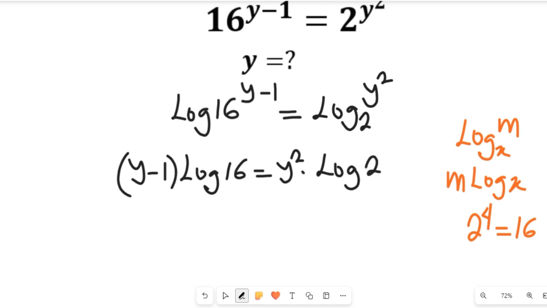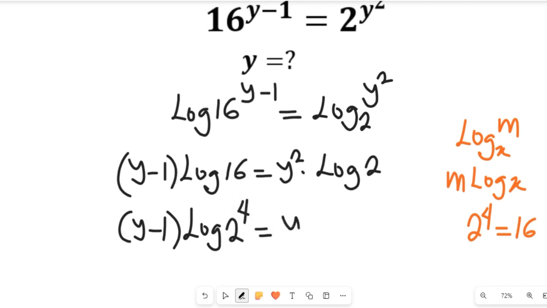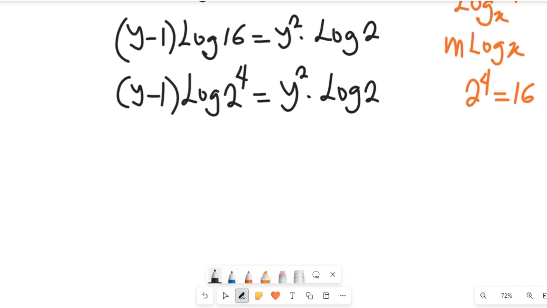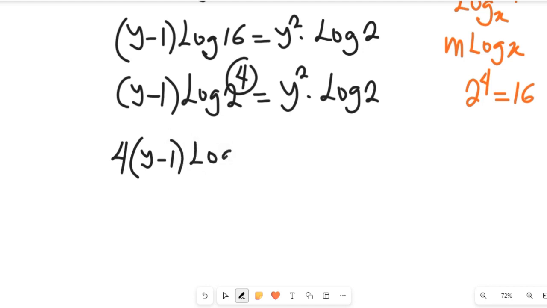Now, this is going to give us y minus 1 log of 2 to the power of 4 equal to y squared multiplied by the log of 2. So we are going to simplify this. The power can also be brought down to multiply, and so that will give us 4 multiplied by y minus 1 log of 2 equal to y squared multiplied by log of 2.